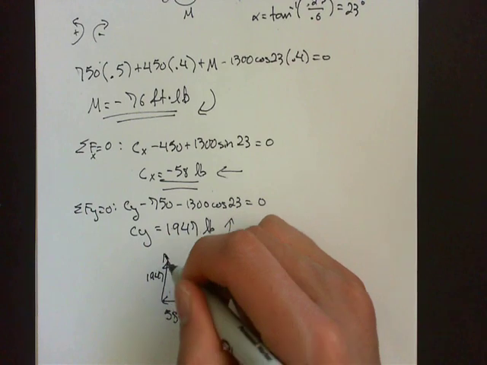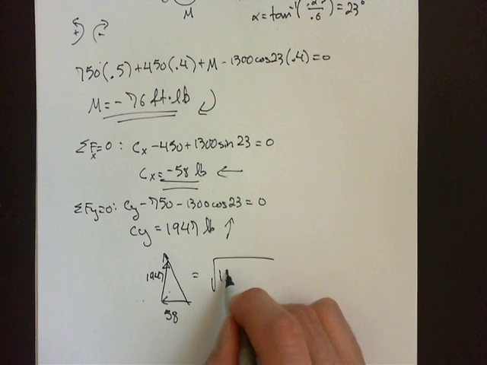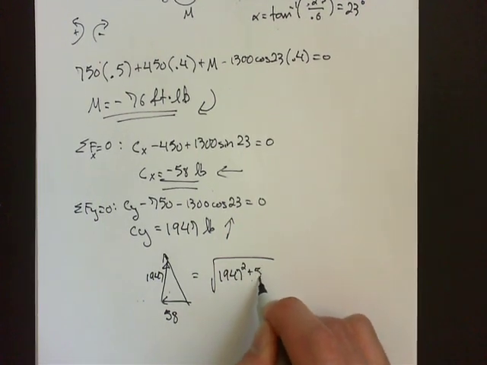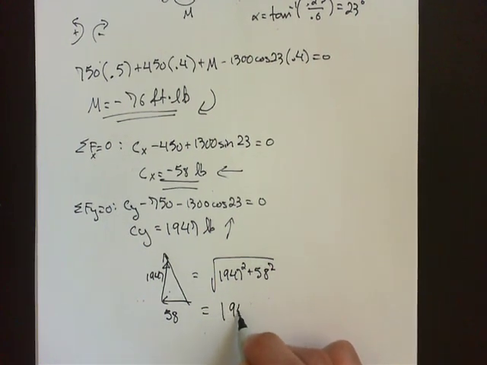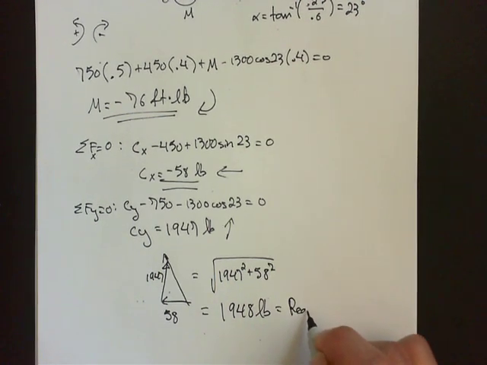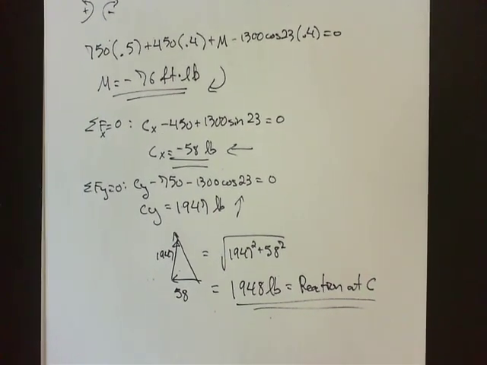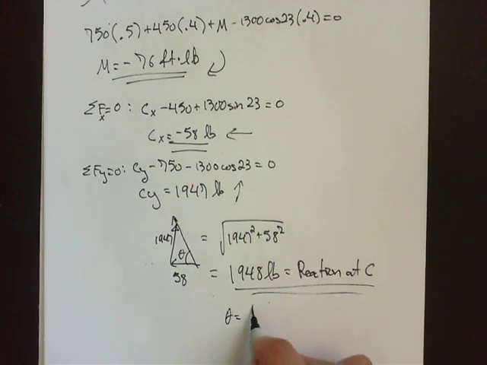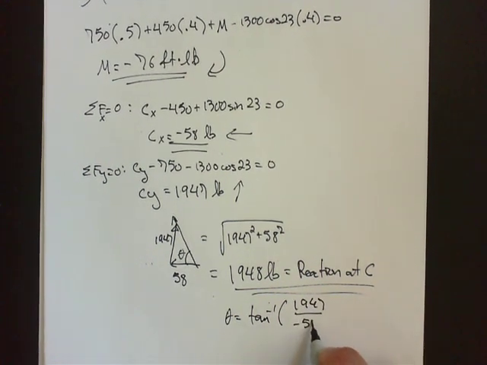So that's our reaction at C, which is equal to the square root of 1947 squared plus 58 squared, which gives us 1948 pounds, equals reaction at C. And this gives us its angle. Angle theta equals inverse tangent of 1947 over negative 58, which gives us 88 degrees.